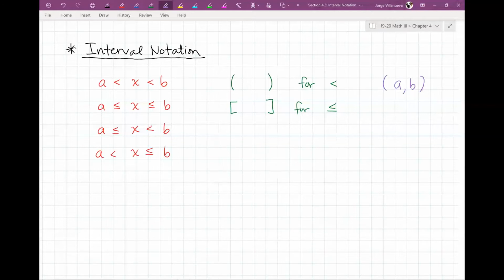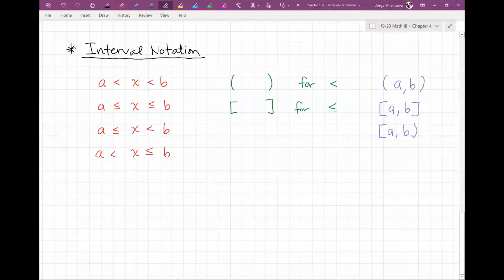Now, for the second red one, it's going to look like this, with brackets on the left side and right side, not parentheses. Okay, because they have a less than or equal to on the left side, they have a less than or equal to on the right side, so both the left and right get the bracket. Now, for the third red one, you're going to get a bracket to start and a parenthesis to end.